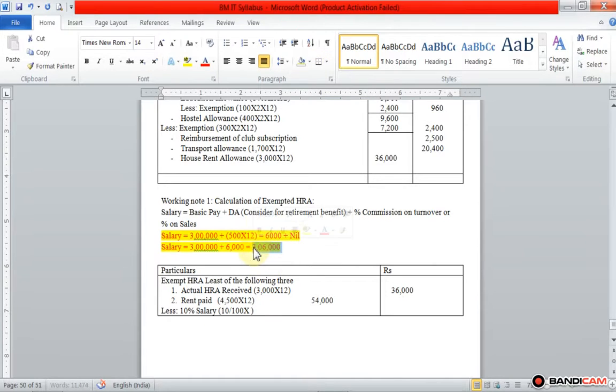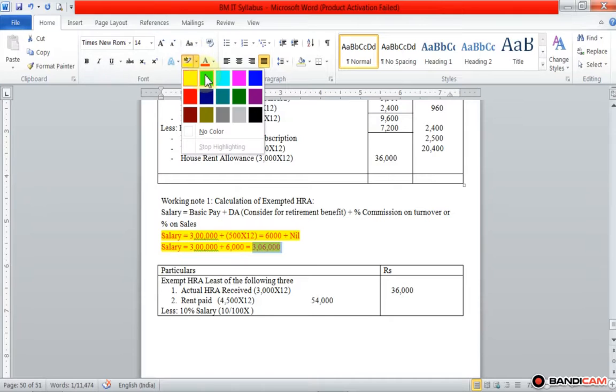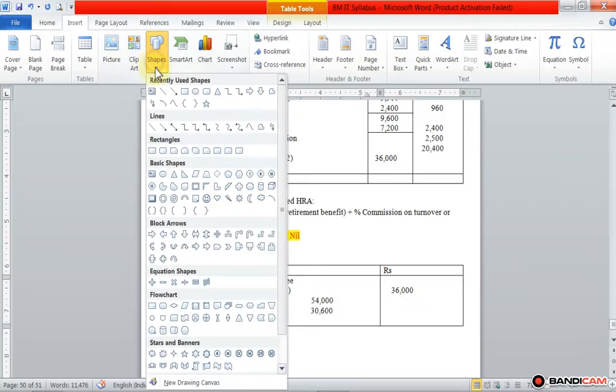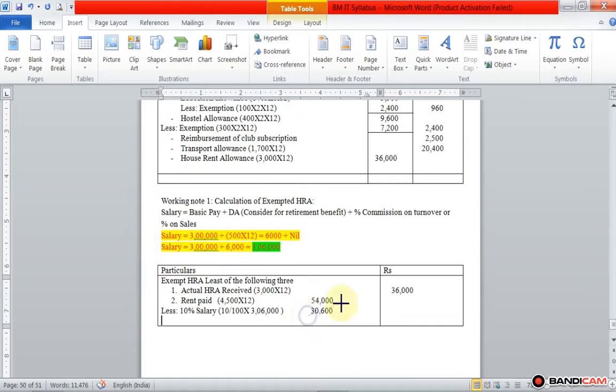The salary we computed is rupees 3,06,000. So 10% on 3,06,000 means 30,600 is deducted from 54,000.